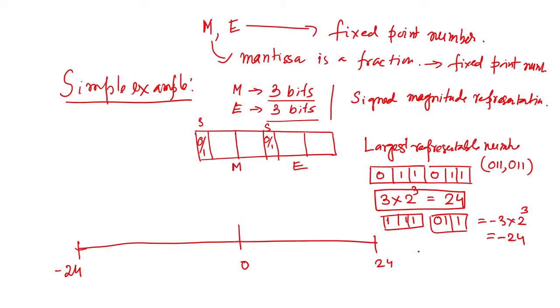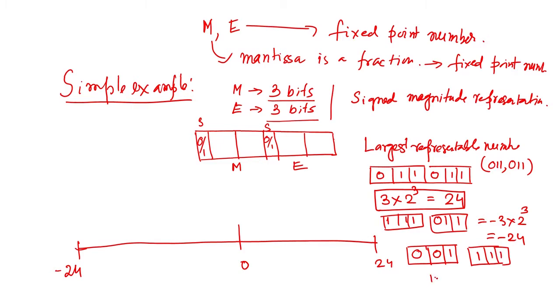What will be the least positive number? How do you get the least positive number? The sign will be positive, and least means 0 1, not 0, and then the exponent will be minus 3.